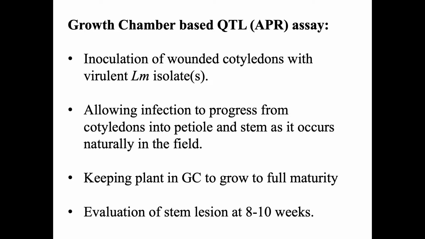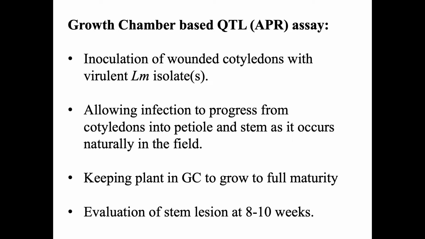The way that we conducted our experiment is that we use a virulent isolate of Leptosphaeria that did not induce any race-specific resistance on the cotyledon. We infect the plants at the seedling stage of 7 to 10 days, in the cotyledon, and then we leave the infection to progress. The pathogen goes into the petiole and stem, and we leave the plants until full maturity.